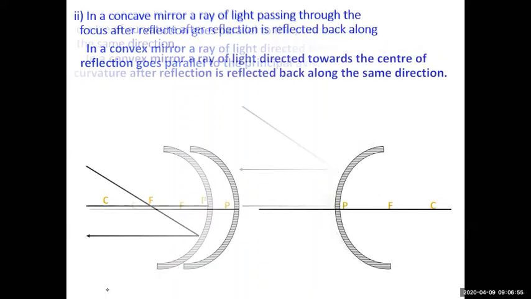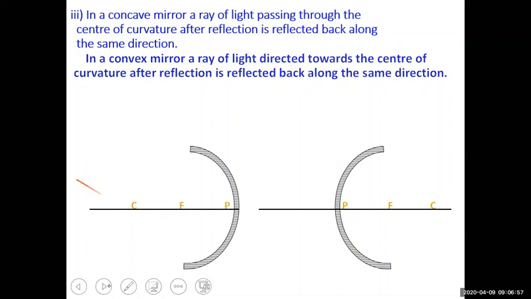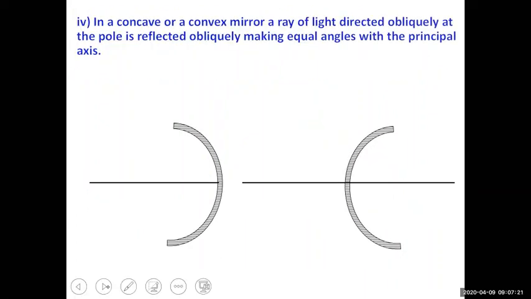Next one, when it passes through C, it just gets no reflection. Okay, here also it goes to F. No, it's going to C only. Okay, and gets reflected back.